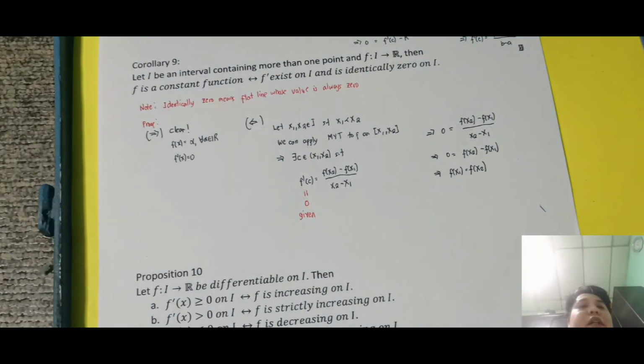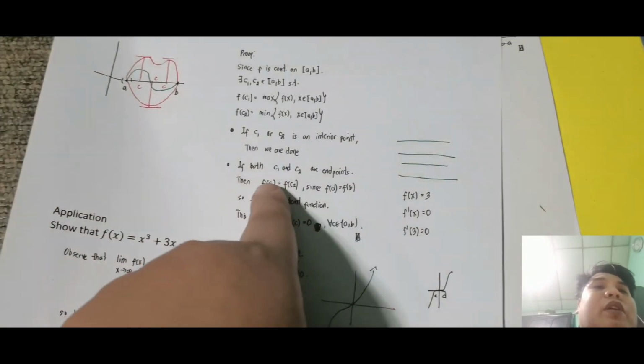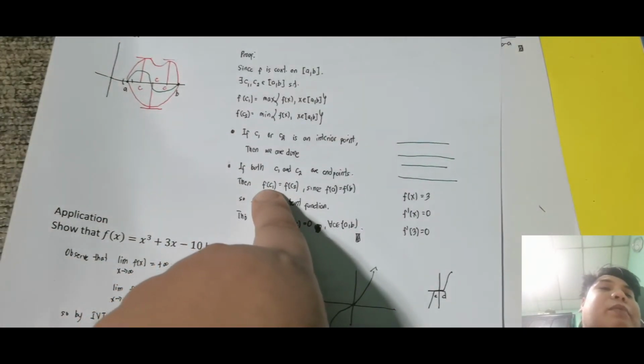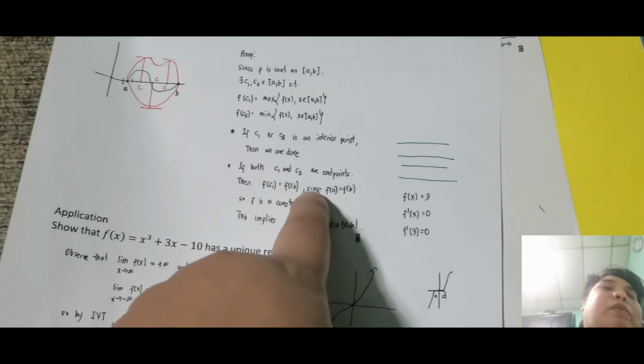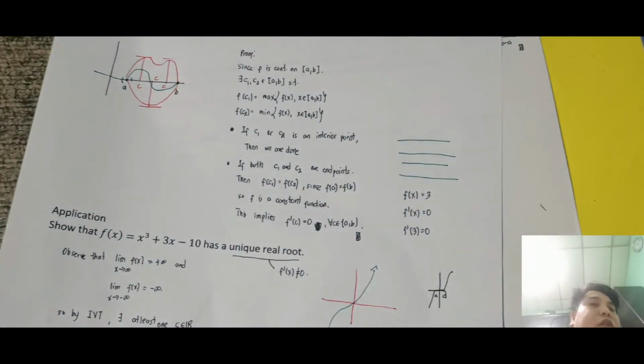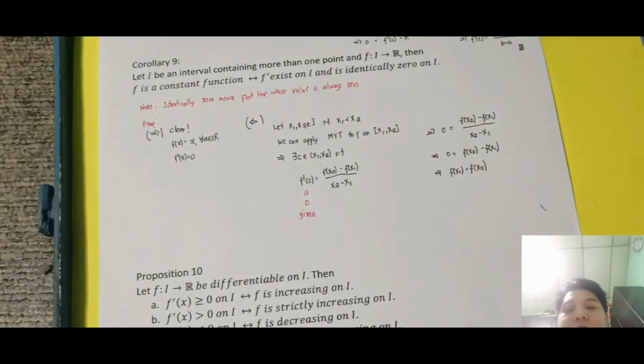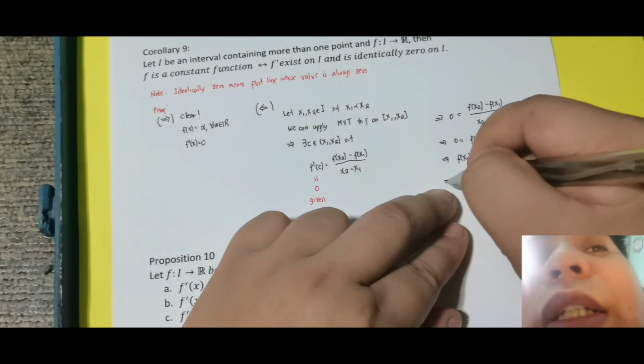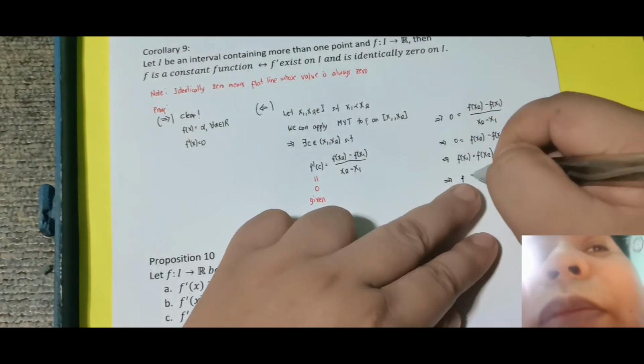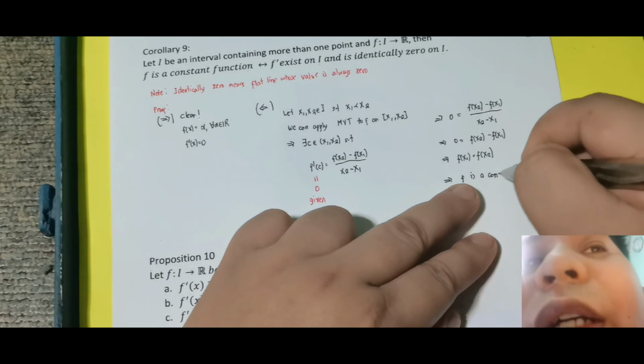Kailan mangyayari na f of x sub 1 is equal to f of x sub 2? Kung naalala nyo, may nabanggit ako last time sa proving ng Rolle's theorem, kung f of a is equal to f of b, so meaning yung graph niya ay ganun. Yung dulo-dulo ng interval kasi yan eh. Okay, so meaning kung ganun ang nangyari, siya ay constant, kung naalala mo. So therefore, this implies that f is a constant function.